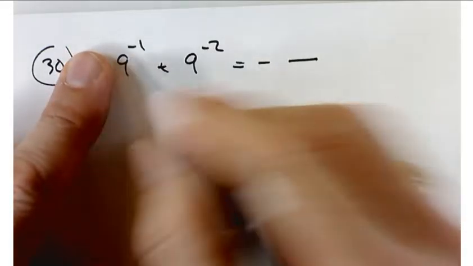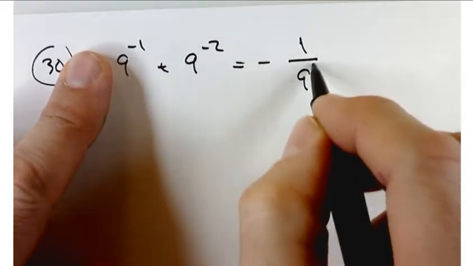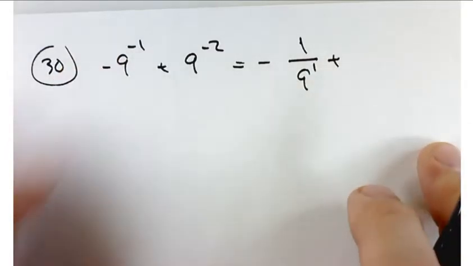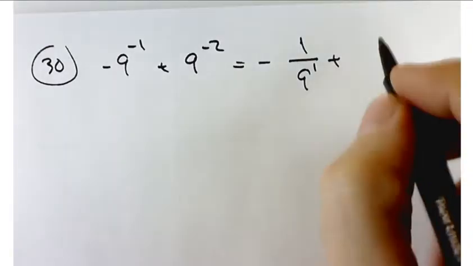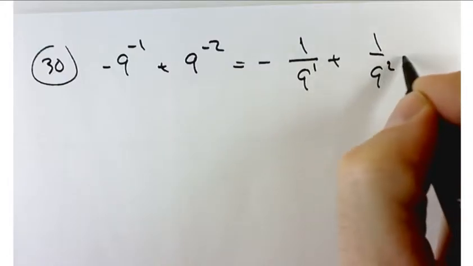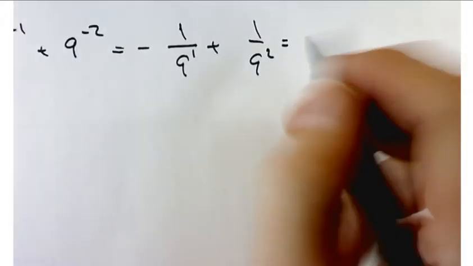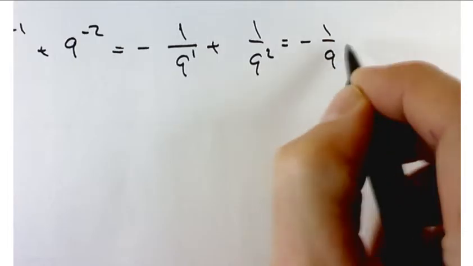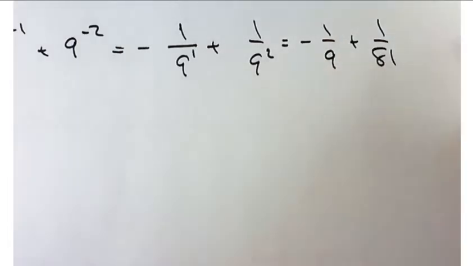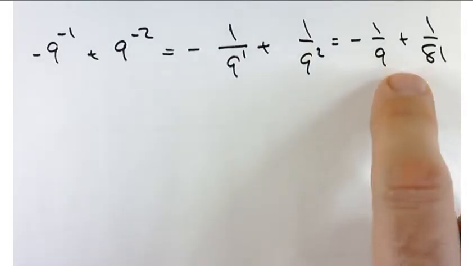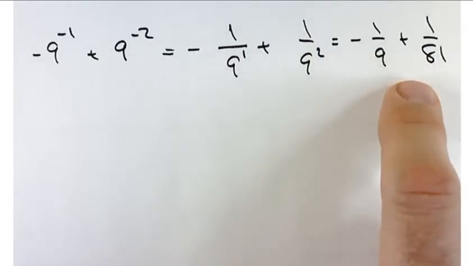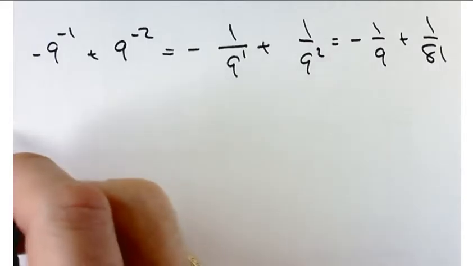And 9 to the negative first power is 1 over 9 to the first power. How about the second one of these? How can I rewrite that one? 1 over 9 squared. What's 9 squared? 81. Now to add these together, what do I need? Common denominator.